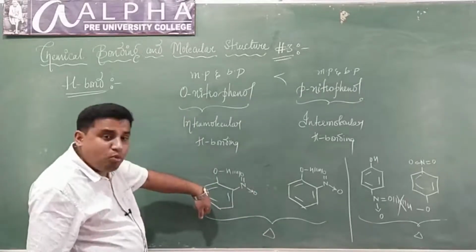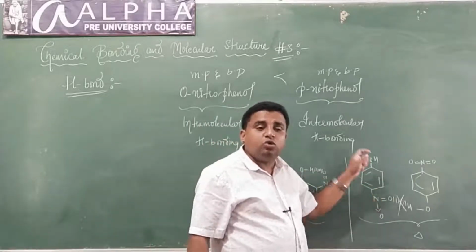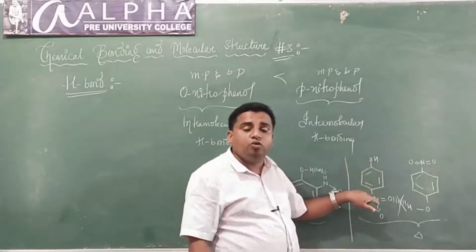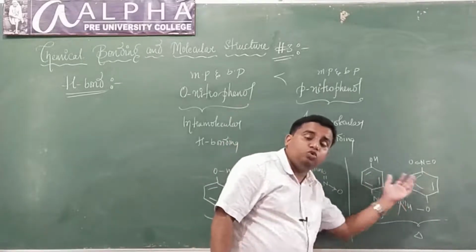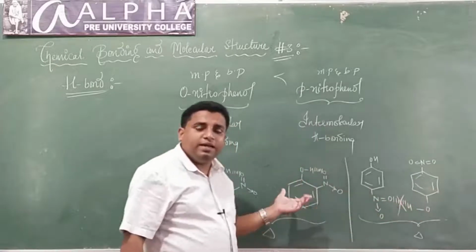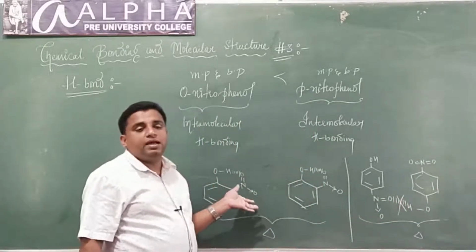There is intramolecular hydrogen bonding, there is intermolecular hydrogen bonding. So compounds having intermolecular hydrogen bonding should be supplied with more energy in order to break the hydrogen bond between the two molecules. But here, since there is no hydrogen bond between the two molecules, I have to supply less energy.